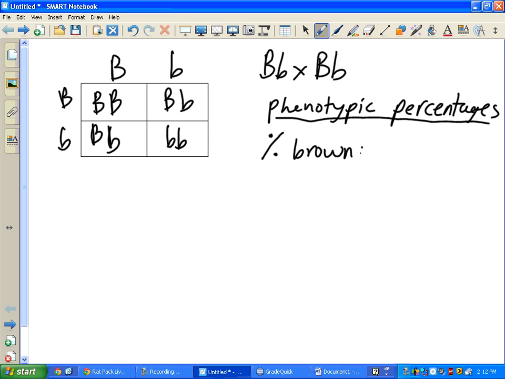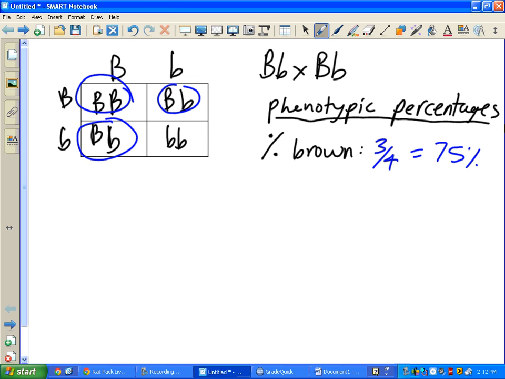So percent brown, you look at how many brown you have over 4 out of 4. So you've got one brown here, another brown here, and another brown there. So you have 3 possible offspring that would end up with brown eyes out of 4 total. So you have 3 out of 4, which is going to equal 75%.